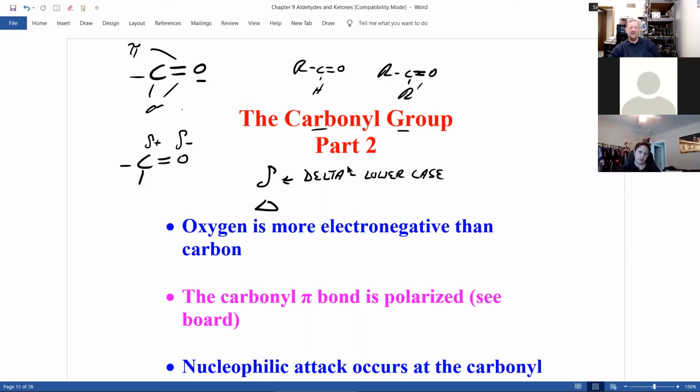And this is the capitalized delta. And in chemistry, the capitalized delta means difference. I think in math too, but in chemistry for sure. And the lowercase means little difference, or slight difference.